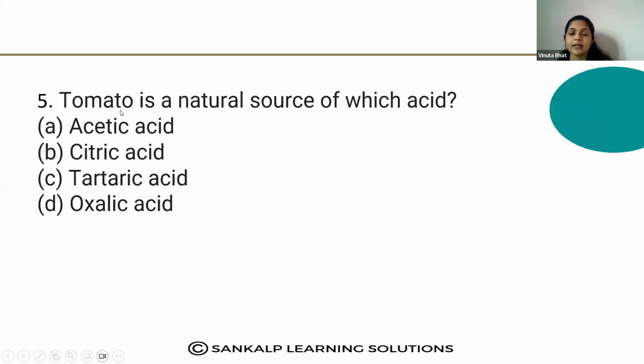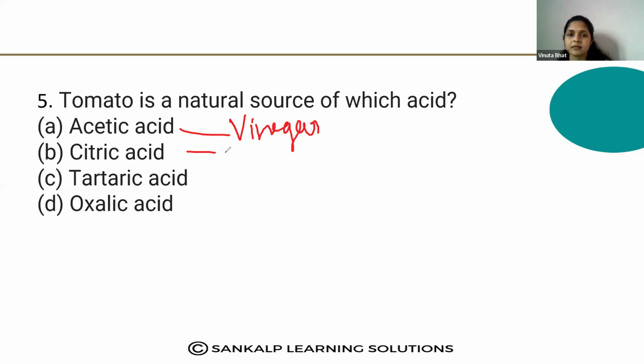Next question. Tomato is a natural source of which acid? Option A, acetic acid. Option B, citric acid. Option C, tartaric acid. Option D, oxalic acid. Here, acetic acid is present in vinegar.